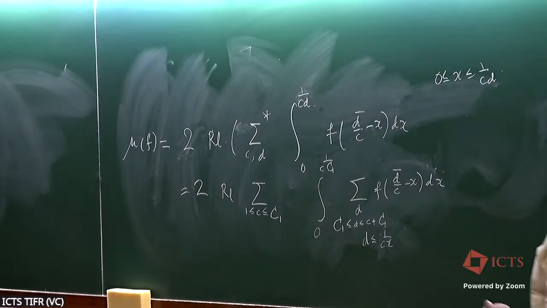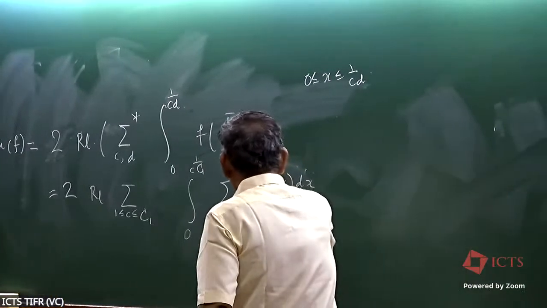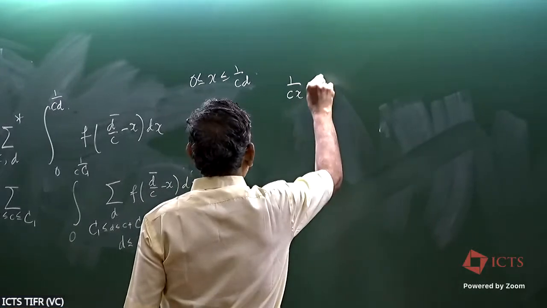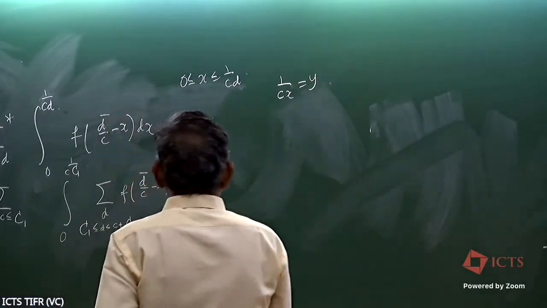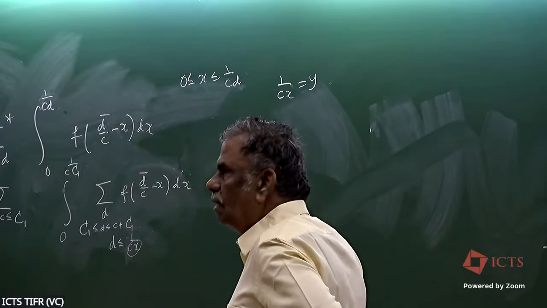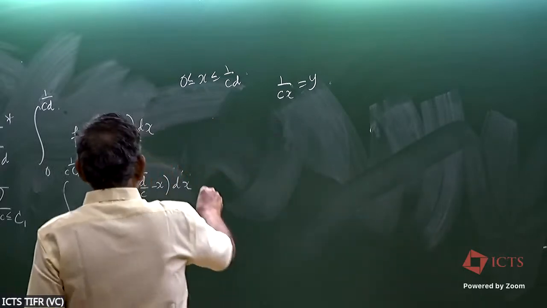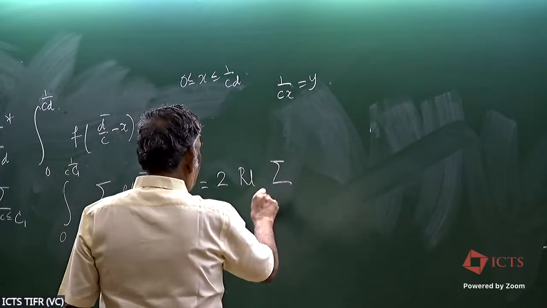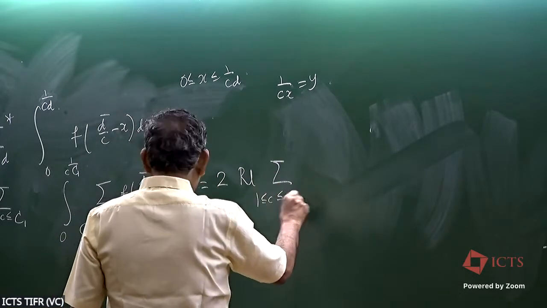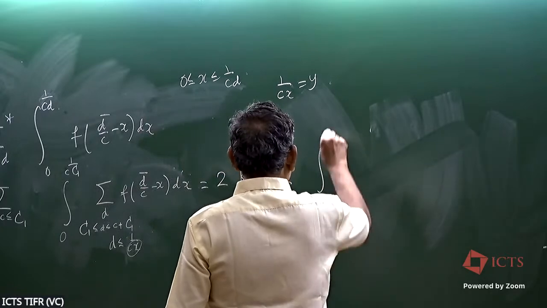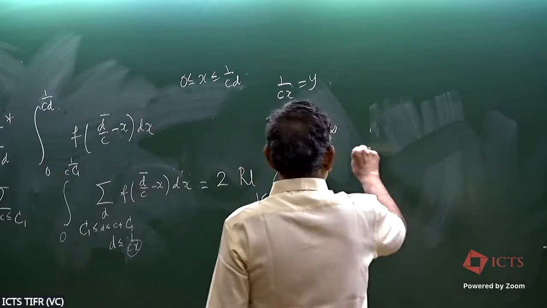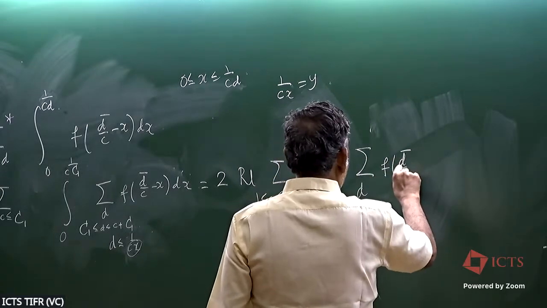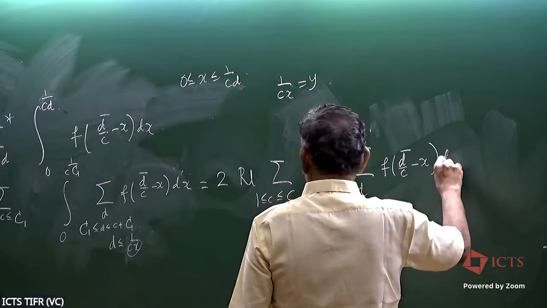Let us simplify this. I don't like this 1 over Cx, and therefore let me make a change of variable: 1 over Cx is equal to y. Then this number will become 2 times the real part of the summation, 1 less than or equal to C less than or equal to capital C, now capital C to infinity, summation over D, f of d bar by C minus x dx.